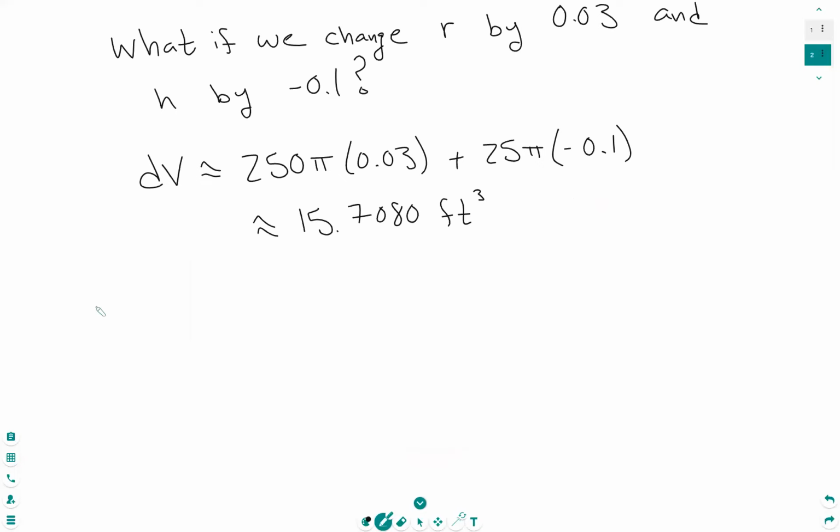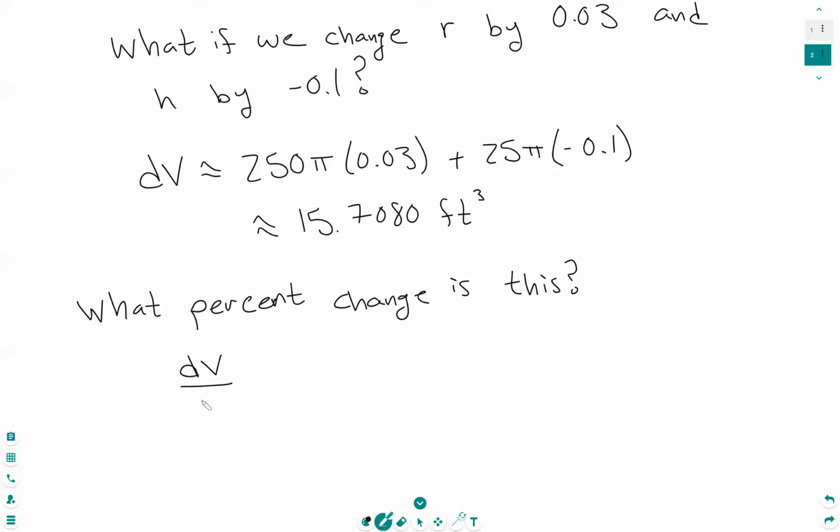Another question might be, what percent change is this? Well, I'll have my dV over my existing volume. So this is about 15.7080 divided by V, if I plug in R equal to 5 and H equal to 25.